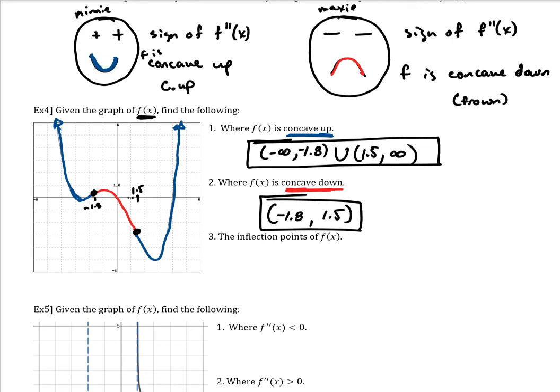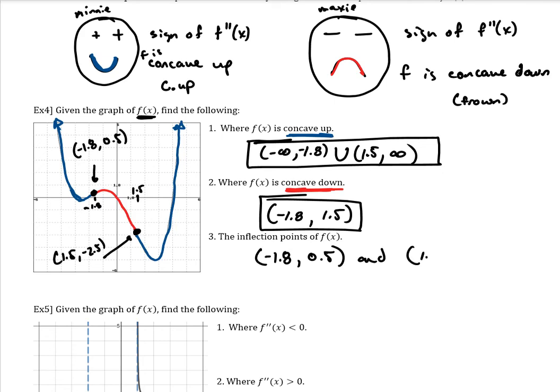Okay, and then the inflection points. The inflection point is the actual point. So this looked like it was negative 1.8 comma, the y-coordinate maybe is 0.5. So that is one of the points. Negative 1.8 comma 0.5 is one of them. And then we have another one. Our x value is about 1.5 comma, and then 1, 2, maybe 2.5 down, so negative 2.5.